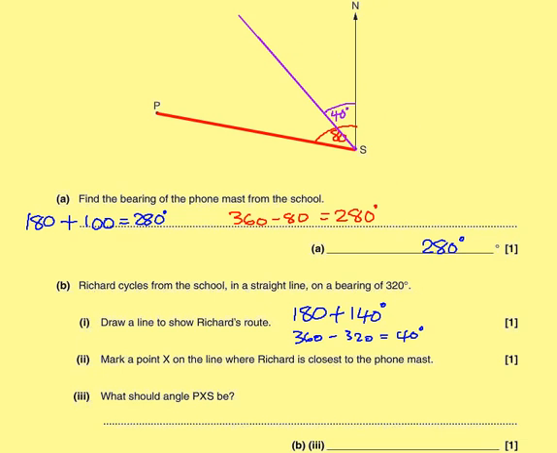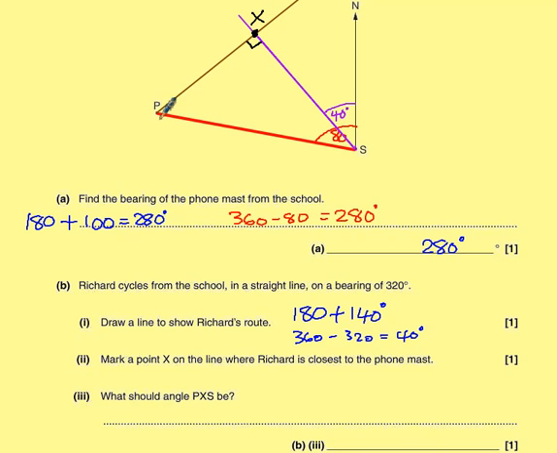Now it'll be closest to the phone mast somewhere about here, and we can find that because the shortest distance from a point to a line is at 90 degrees to it. So from point P at 90 degrees to that line there, we can indicate that it would be at 90 degrees, and the point X would be there.